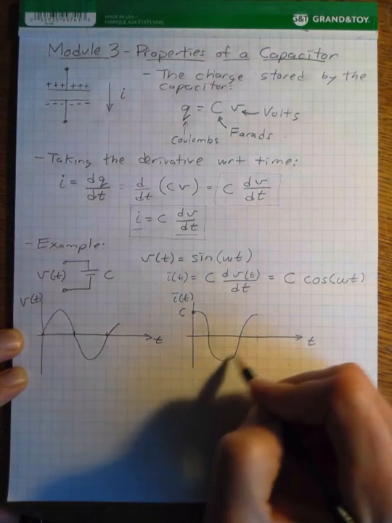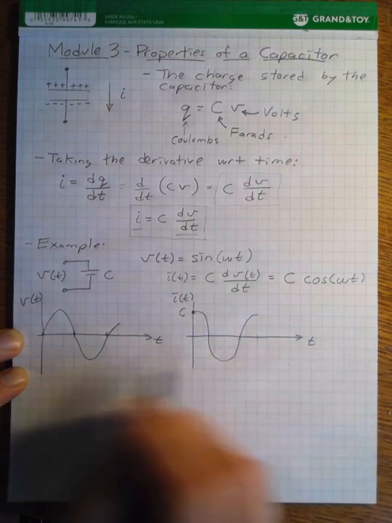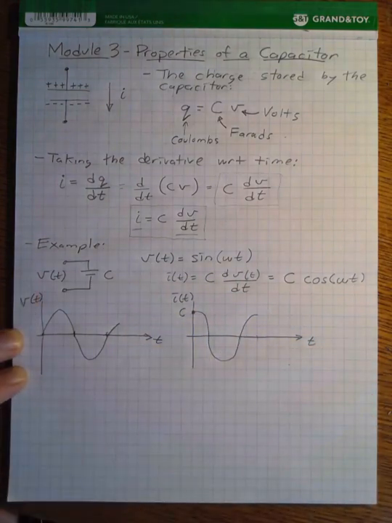It would have the sinusoidal shape, but it would be 90 degrees out of phase from our voltage. Maybe you remember that from your first circuits course as well. The current and voltage through a capacitance when we're dealing with sinusoids are 90 degrees out of phase. And we'll talk about this a little bit later on in the course.